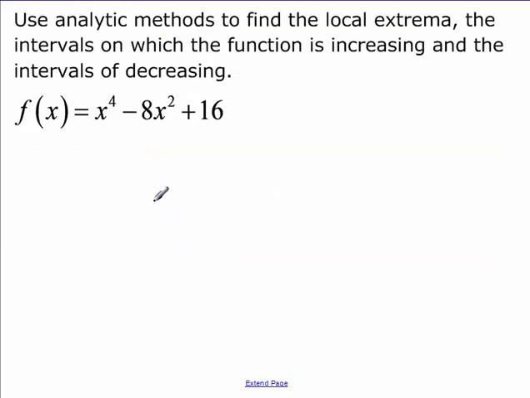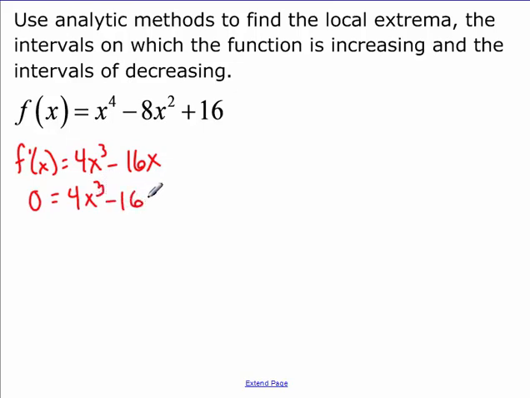Okay, using analytic methods, find our local extrema, and then intervals of increasing and decreasing. So we find your first derivative. That's your first step. And you set that derivative equal to 0, and you figure out where the derivative is undefined. Now this derivative is never undefined, so we don't have to worry about that.